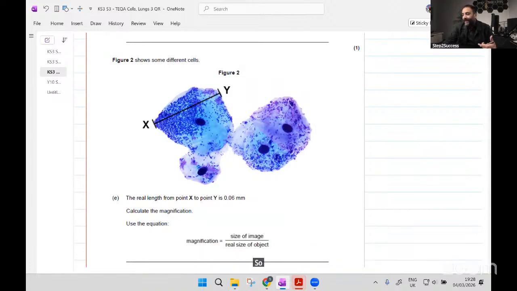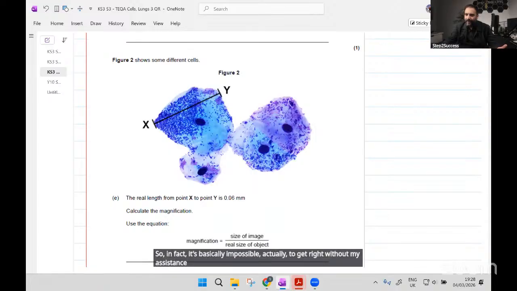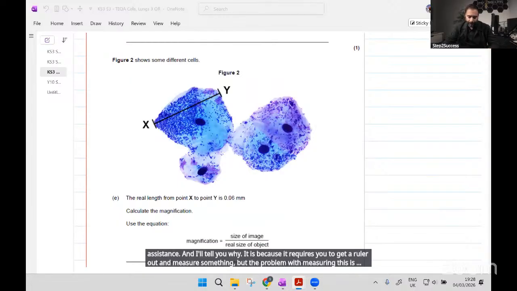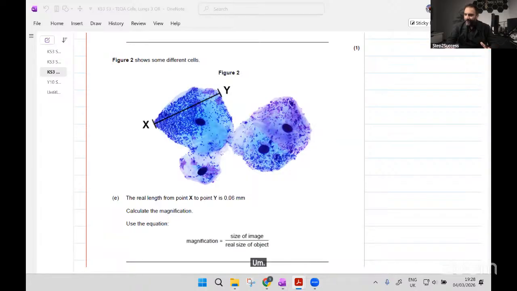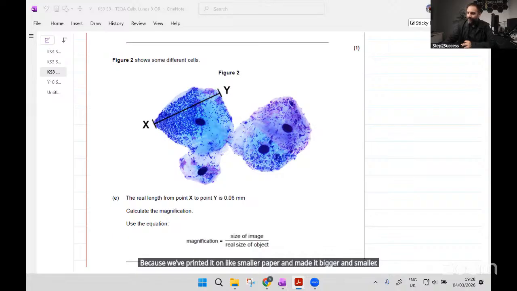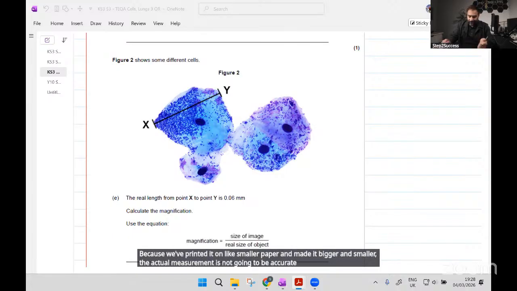In fact, it's basically impossible to get right without my assistance, and I'll tell you why. It requires you to get a ruler out and measure something. But the problem with measuring this is that because we've printed it on smaller paper and made it bigger and smaller, the actual measurement is not going to be accurate when you measure it on your page. But I will tell you what you're supposed to do.